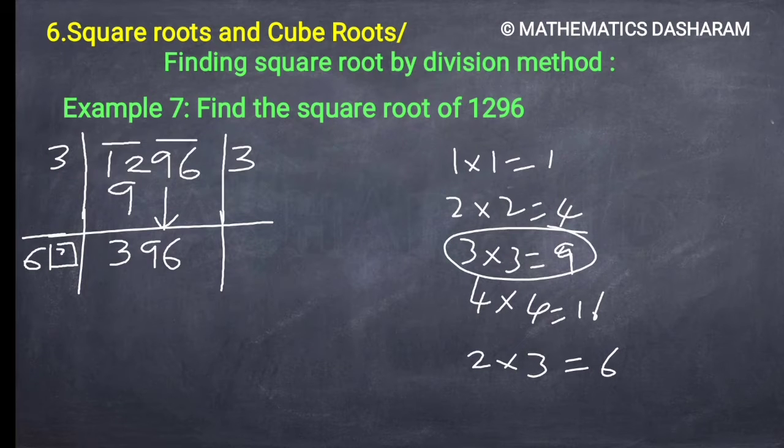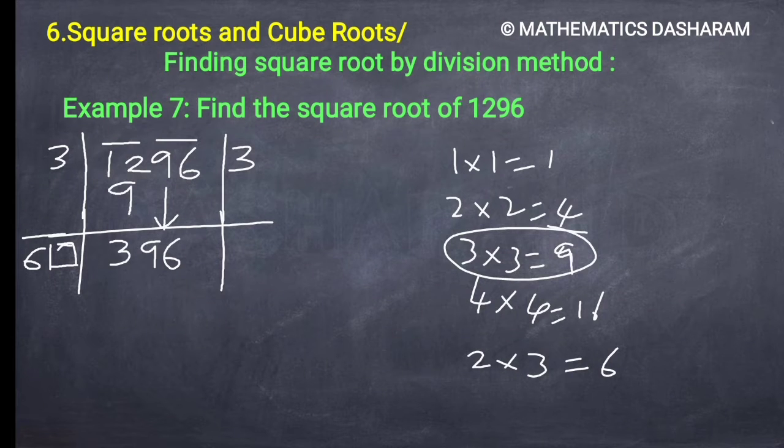Next is 3. 63 into 3, 3 3s are 9, 6 3s are 18, 189, but it is 396. So it is also not suitable. Next digit is 4. 64 into 4, 4 4s are 16, 1 carry, 4 6s are 24 plus 1, 25, 256. It is also not suitable.